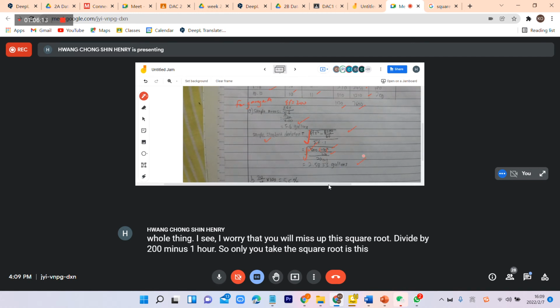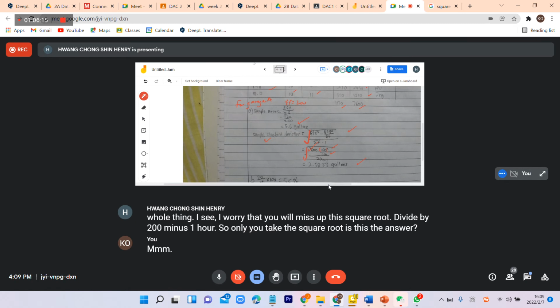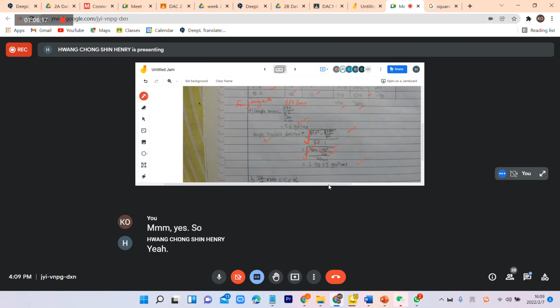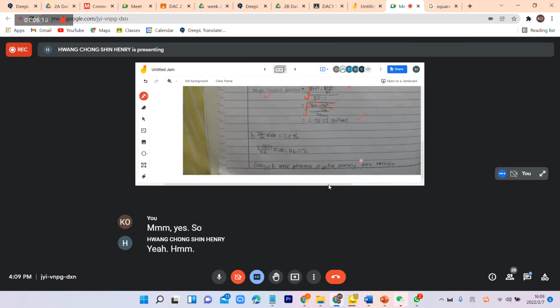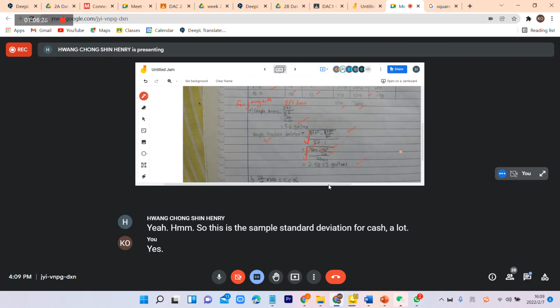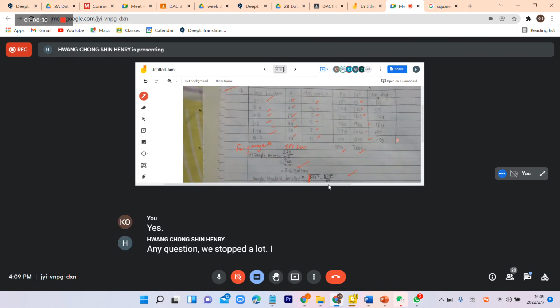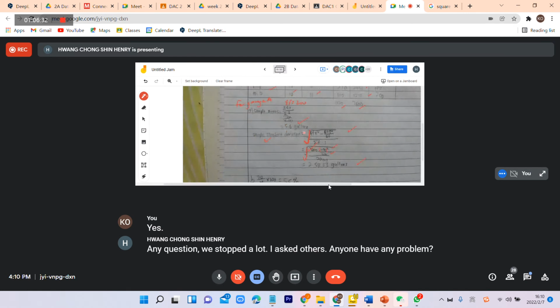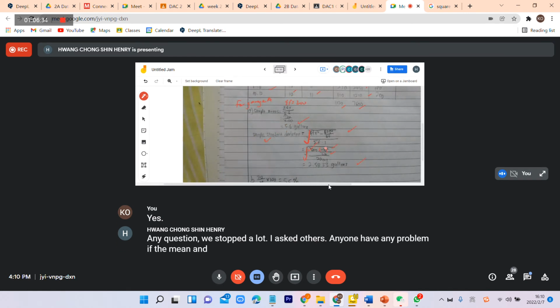Is this the answer? Correct? So this is the sample standard deviation for garage A. Correct or not? Any question? We stop for a while. I ask others, anyone have any problem with the mean and standard deviation?